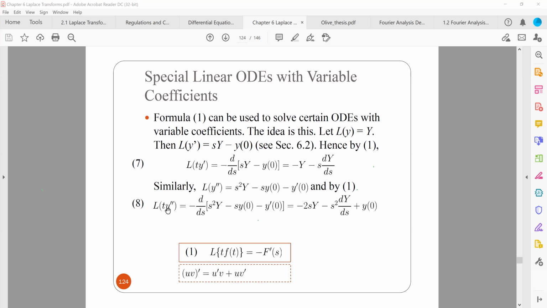If we take the Laplace transform of this, then we can just differentiate it again and end up with this term. And if we write the Laplace transform of y as Y and the Laplace transform of the derivative of y, then we can write this expression like this as well. Just look at it and see if it makes sense.